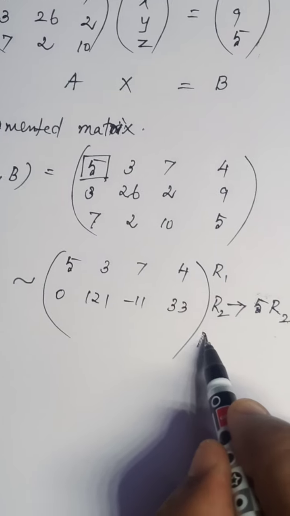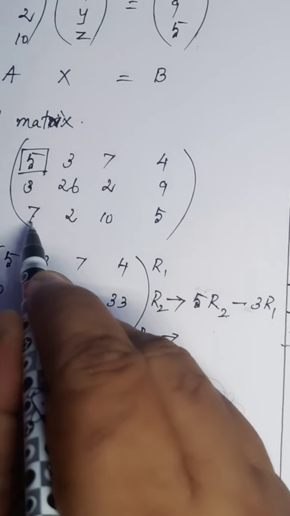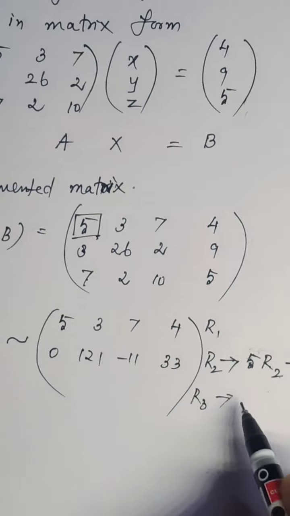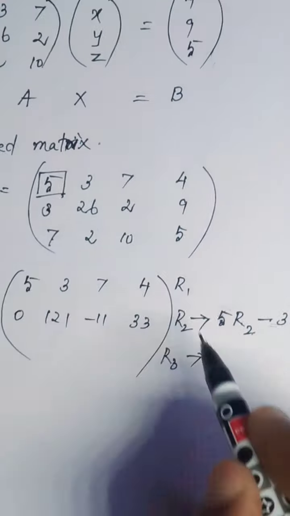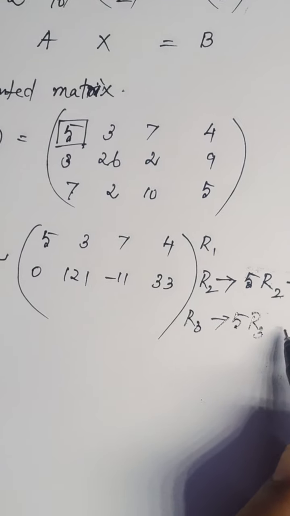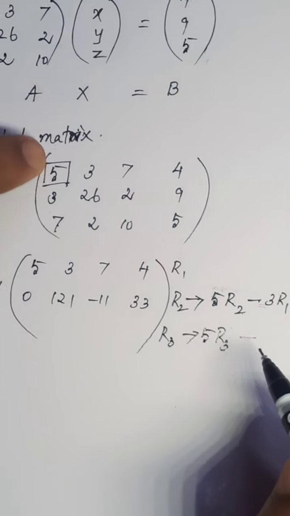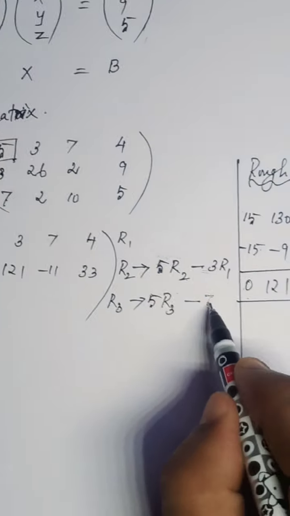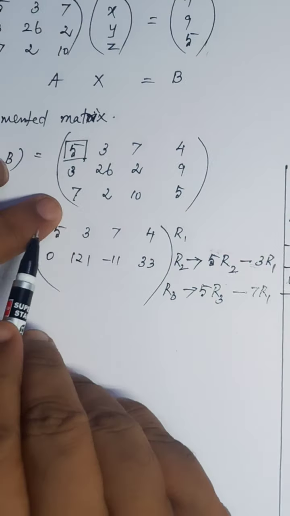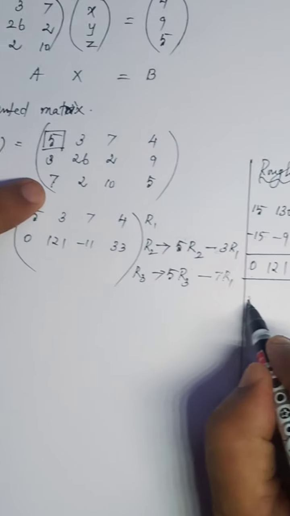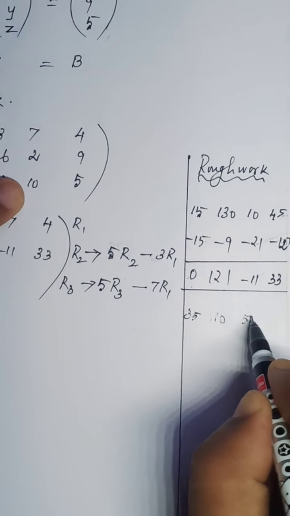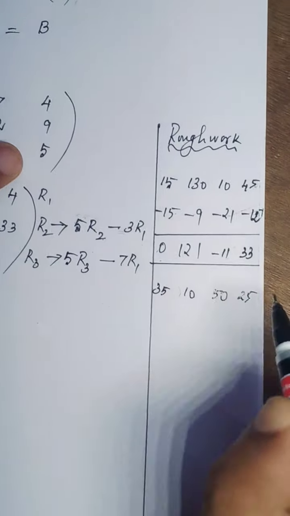Now R3 has to be changed to 0 with the help of that number. Here 5, here 7. So this number 7 should be multiplied by 5. 5 R3 minus 7 R1. So multiply R3 by 5: 5 7s are 35, 5 2s are 10, 5 10s are 50, 5 5s are 25.